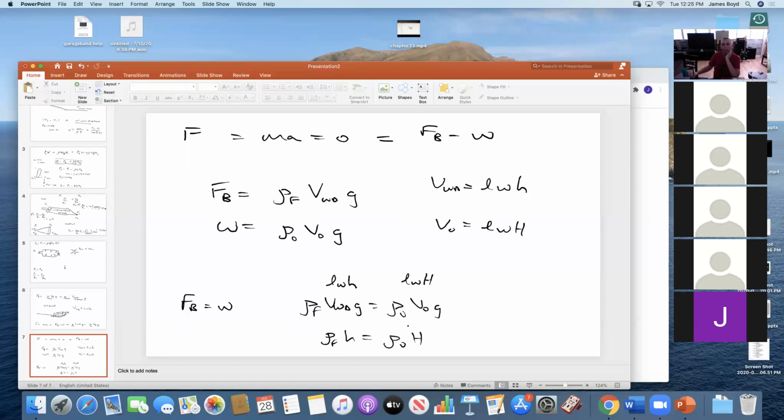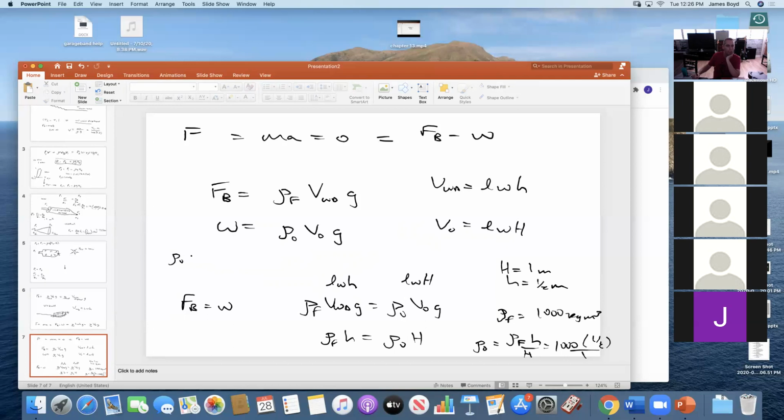If I gave you H and h and told you it was water, then let's say H was 1 meter and little h was half a meter, and rho of the fluid was 1,000 kilograms per meter cubed. You could tell me that rho of the object was rho of the fluid times little h over big H, or 1,000 times 1/2 over 1, or 500.